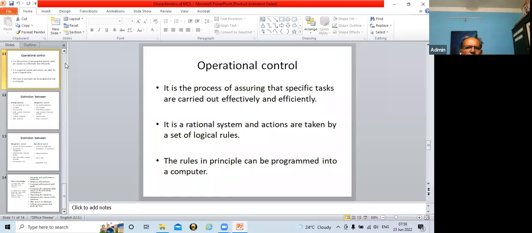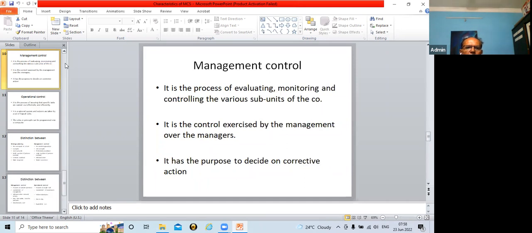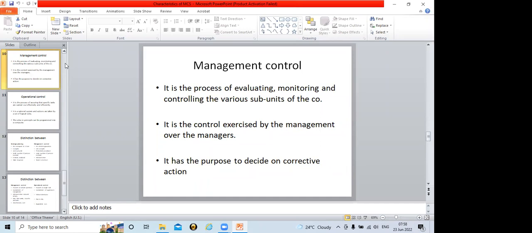Then management control. Read this management control.